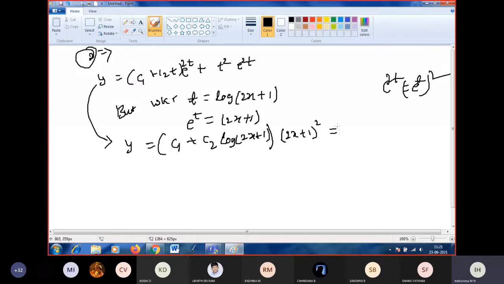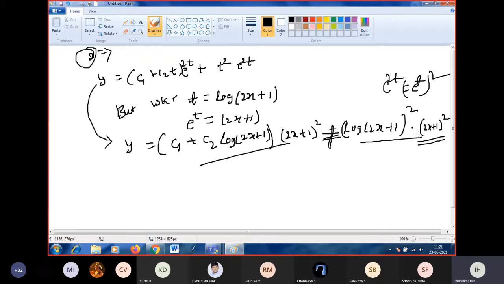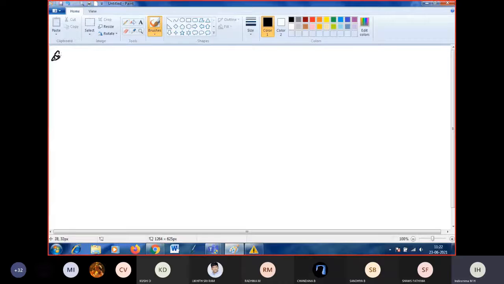Then t square is nothing but (log of 2x plus 1) whole square, into e power 2t, that means (e power t) whole square, and e power t is 2x plus 1, whole square. Is it right? It is plus, not an equal sign, because this is YC plus YP.